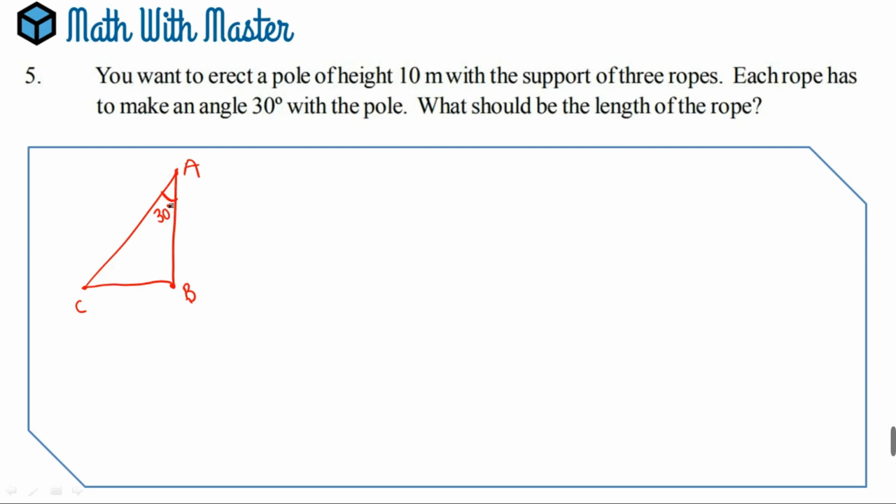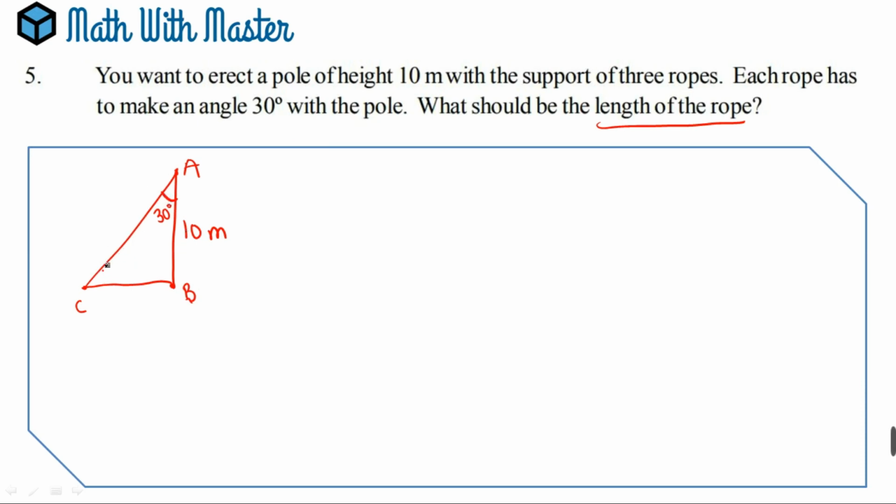This should be 30 degrees. And the height of the pole is 10 meters. So what should be the length of the rope? Here we know angle A.